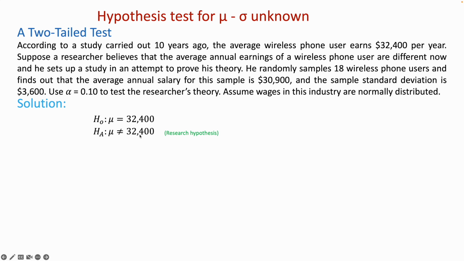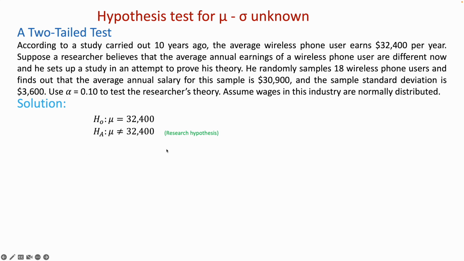This alternative hypothesis is what indicates if we have a two-tailed or a one-tailed test. And in this case, because the alternative hypothesis is different than, this will be a two-tailed test. Two-tailed because being different, being not equal, means that it could be more than, one tail, or less than, that will be another tail.